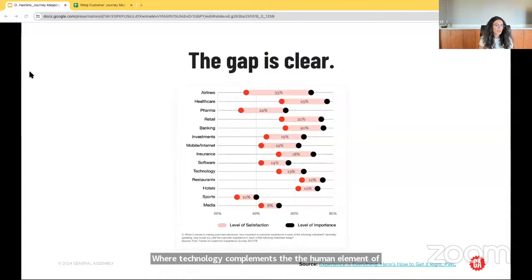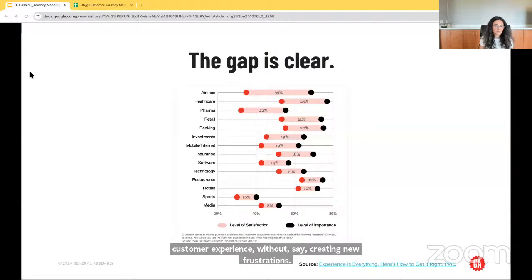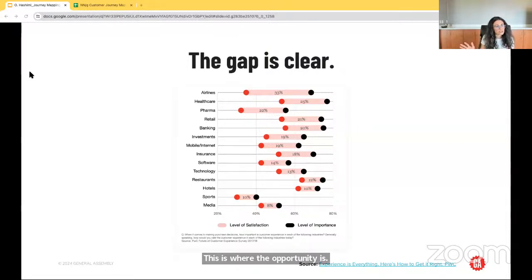This is where the opportunity is. Across all the industries surveyed, an average of about 48% of US consumers point to friendliness, that welcoming service, and this is really what defines success in any industry.